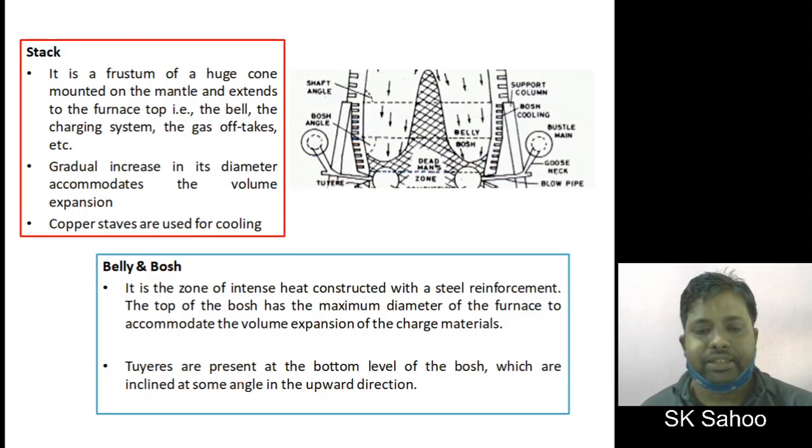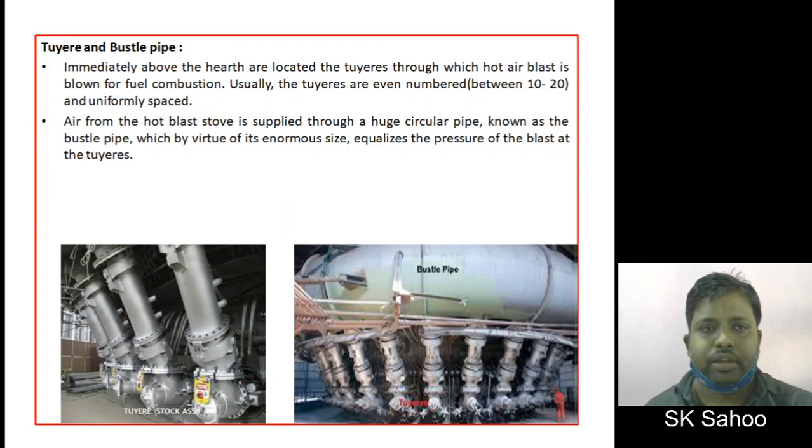And tuyeres are present at the bottom level of the bosh, inclined at some angle in the upward direction to provide blast at a high pressure to the blast furnace for reduction. Immediately above the hearth, these tuyeres are located, through which hot air is blown into the furnace for combustion of the coke to produce reducing gases like carbon monoxide.